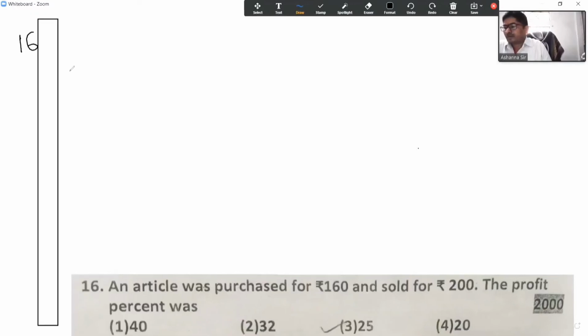An article was purchased for rupees 160 and sold for 200. The profit percent was? Cost price rupees 160, selling price rupees 200.